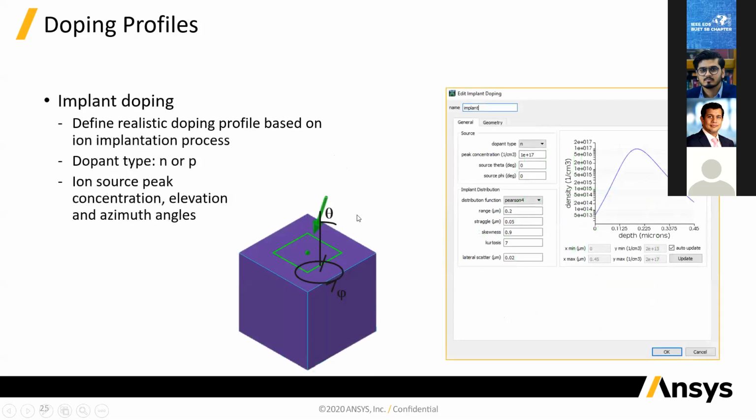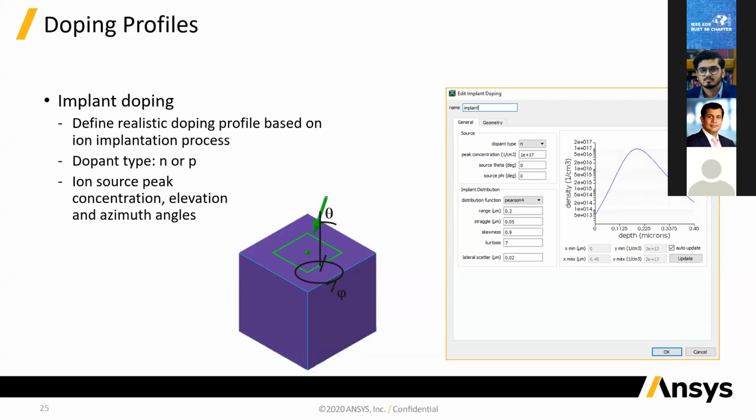The other type of doping object, which is more realistic, is the implant doping object. So in most cases, when you're doing a CMOS process, let's say, and creating a silicon-based device, and you are introducing dopants, it's more common to use ion implantation.